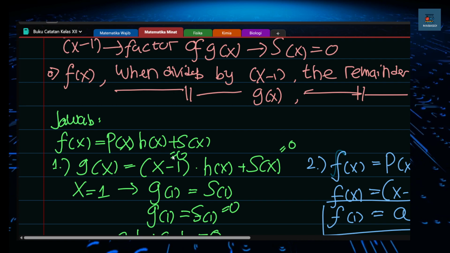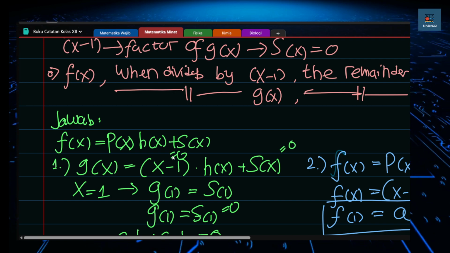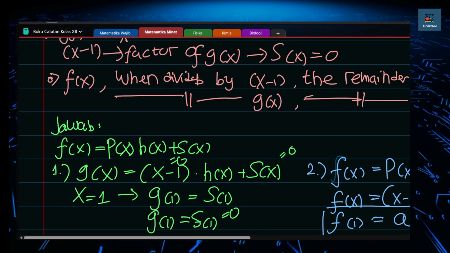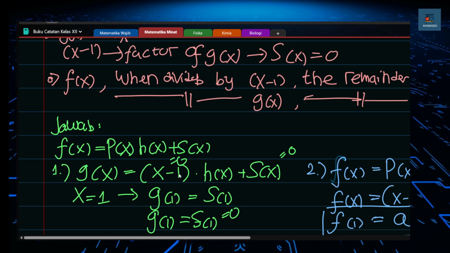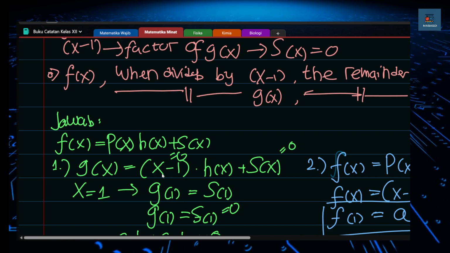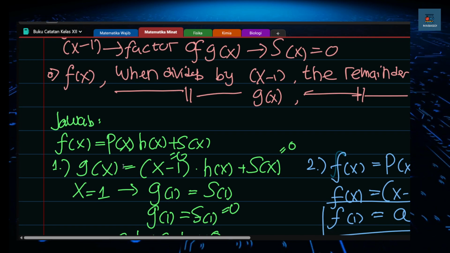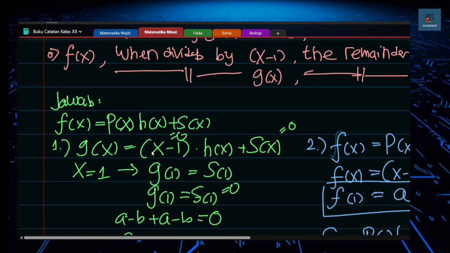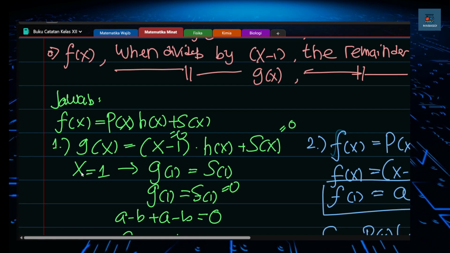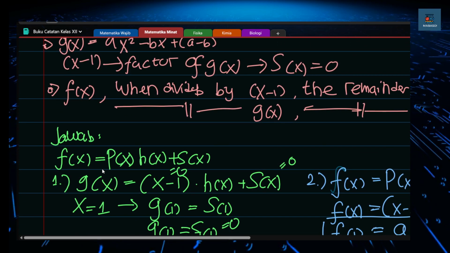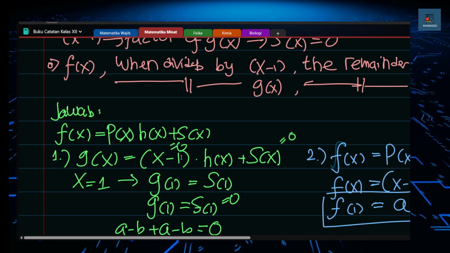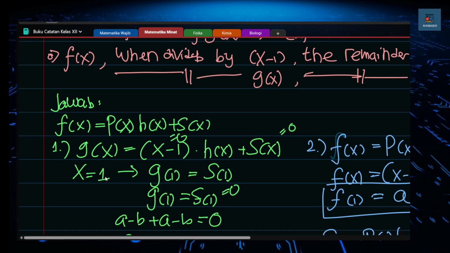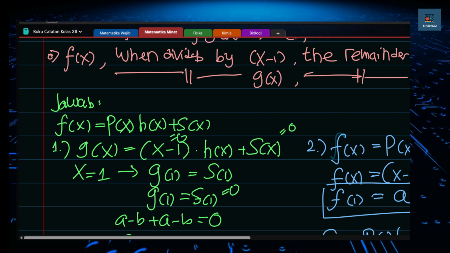From here we could pick any value of x. I'll pick x equal to 1, since x minus 1 is a factor of this polynomial.